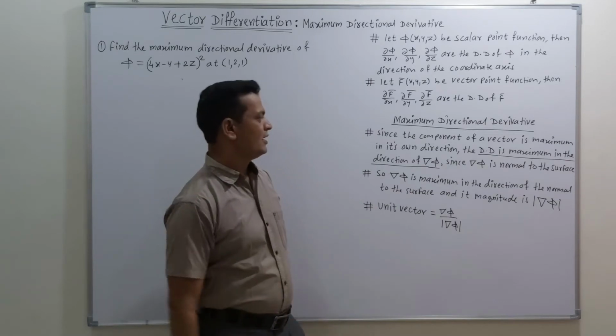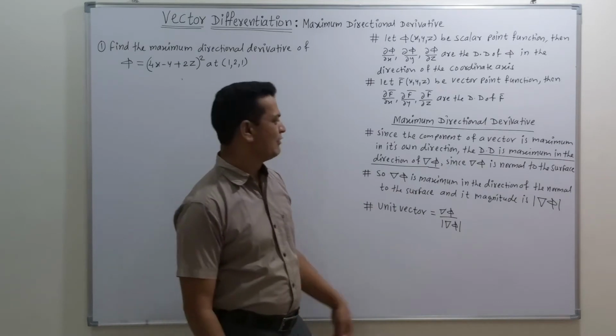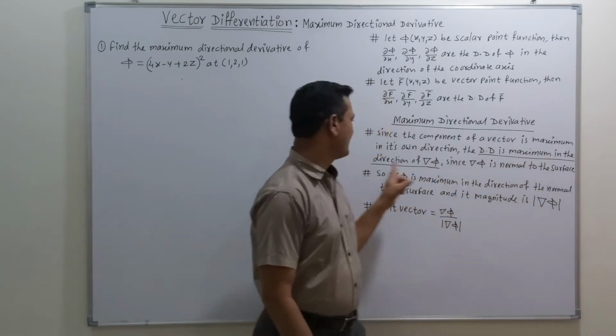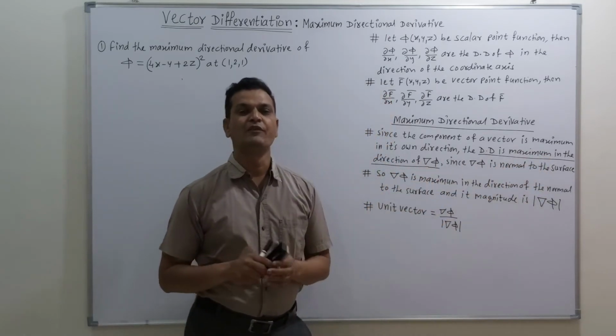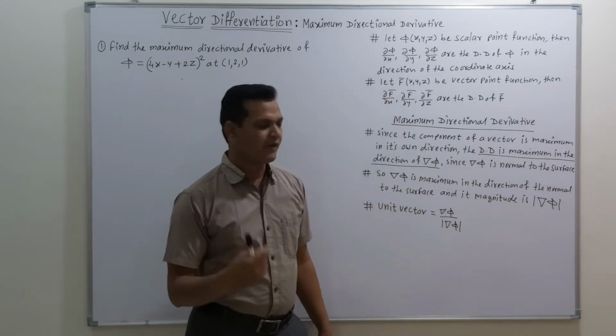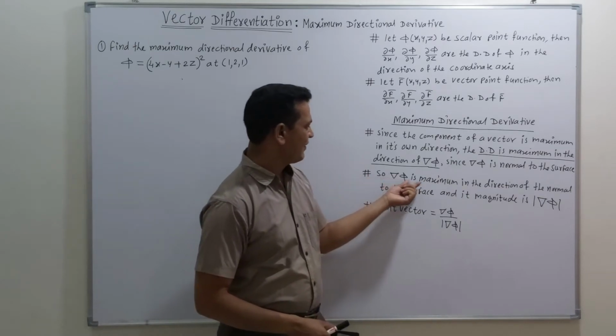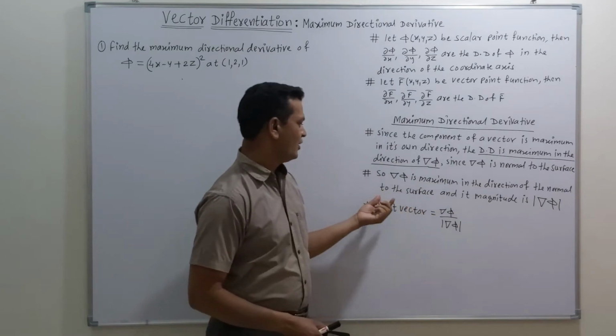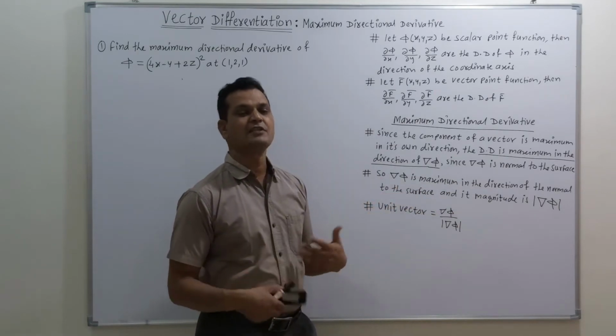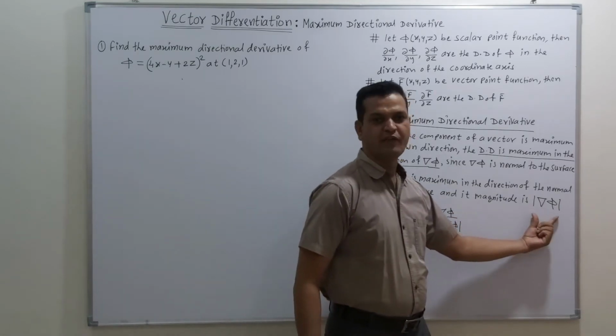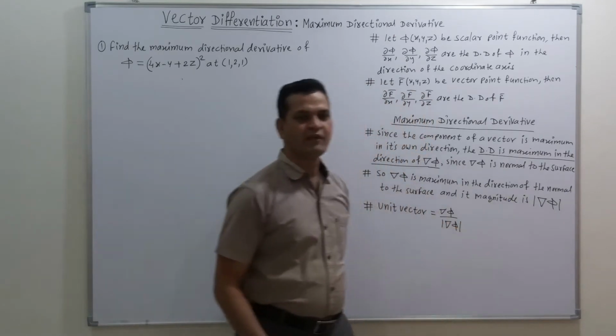In simple words, to find the maximum directional derivative, we only need to find the value of del phi. The value of del phi is maximum in the direction of the normal to the surface, and its magnitude is obtained by the formula mod of del phi.